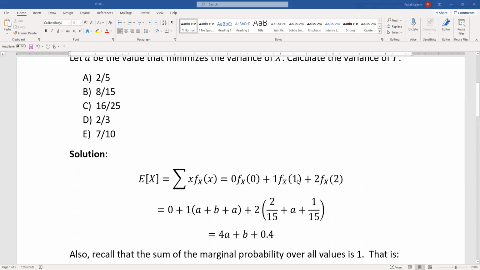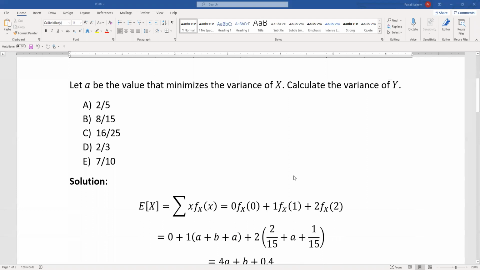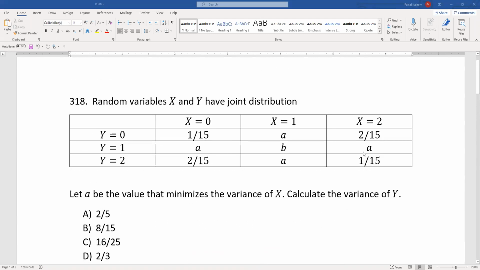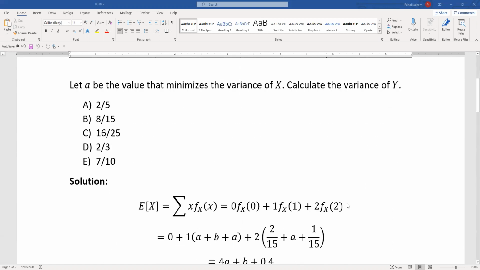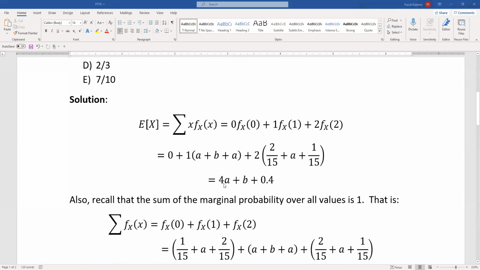So a plus b plus a. And then 2 times fx2. fx2 is the summation of this column, 2 over 15 plus a plus 1 over 15. And that simplifies to 4a plus b plus 0.4.